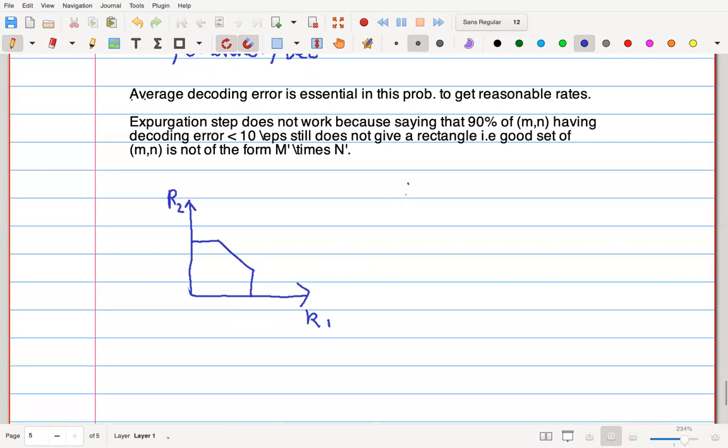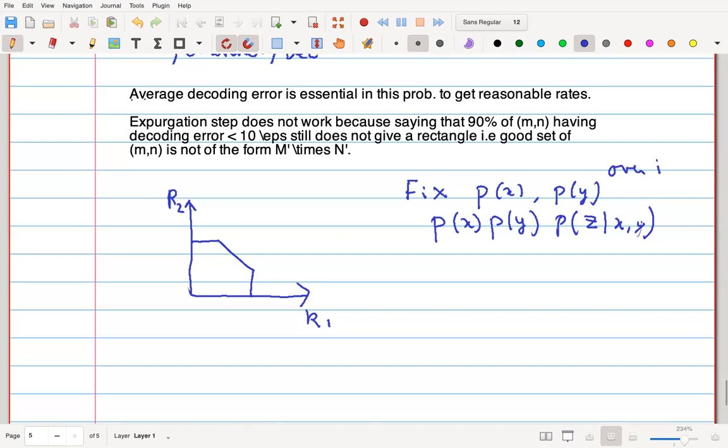Let us say I fix probability distributions for the input alphabets, P of X and P of Y. Now the action of the channel defines a joint probability distribution, which I'll now call P of X, P of Y, P of Z given X, Y, over the set X times Y times Z. This is the underlying probability distribution on which I'm going to evaluate my mutual information rates.